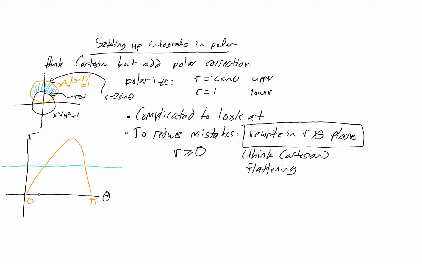And as I showed in the previous video, they intersect at pi over 6 and 5 pi over 6. And so our desired region that we want is above r equals 1 and below 2 sine theta. Right, so this is a classical type 1 region that we saw earlier in the Cartesian setting.